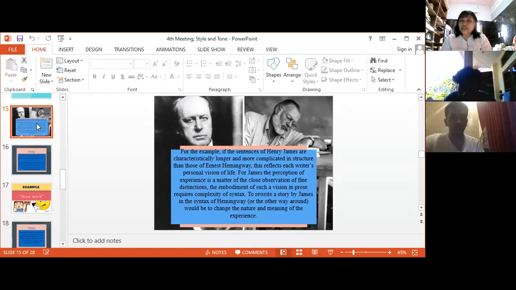For James, the perception of experience is a matter of a close observation of the distinction. The embodiment of such a division in prose requires complexity of syntax. To rewrite a story by James in the syntactic way of Hemingway, or the other way around, would be to change the nature and meaning of the experience.